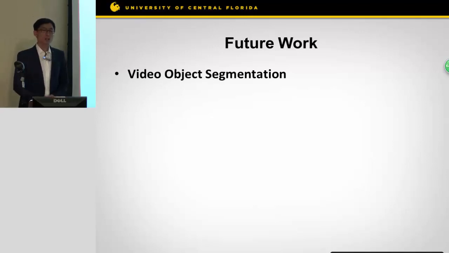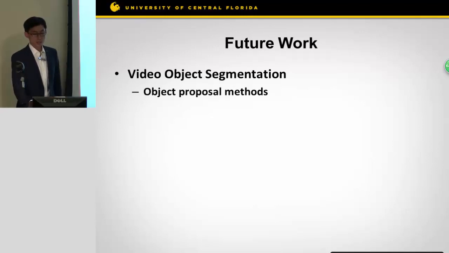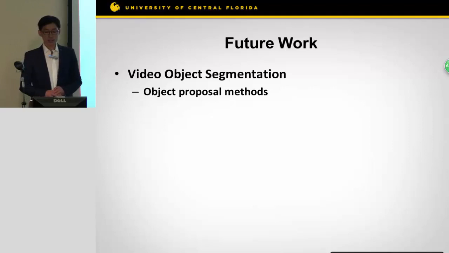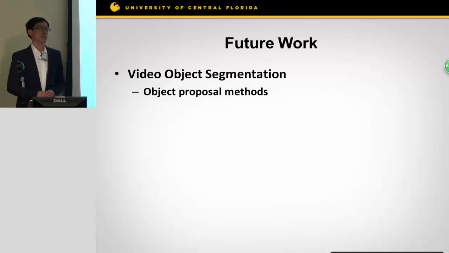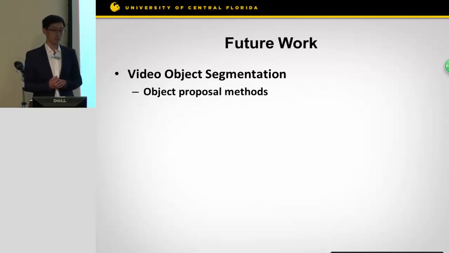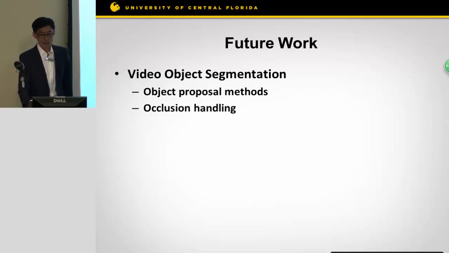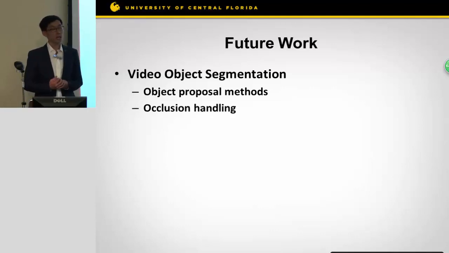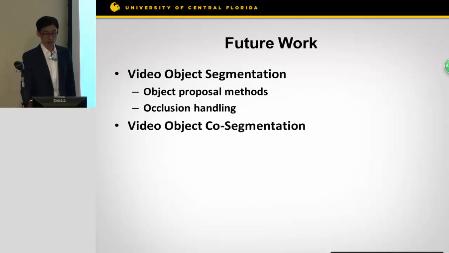And for future work, for video object segmentation, we need better object proposal methods in order to get more accurate segmentation for the objects. And since the proposed method is not very good at occlusion handling, we need to improve that also.